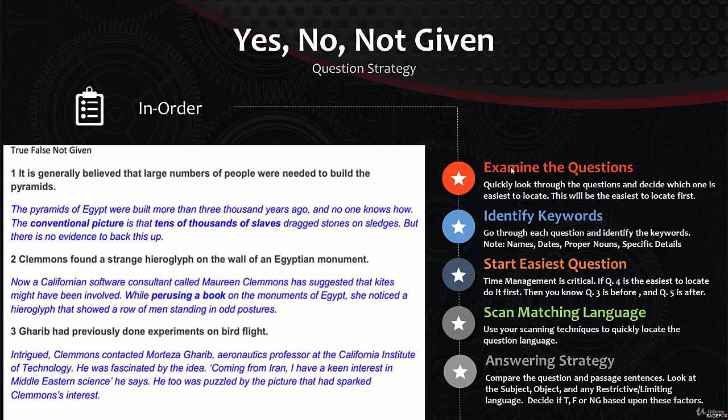There's nothing that says Garib did experiments on bird flight. It's missing. That means you put the answer as not given, because there's language from the question that is not mentioned in the matching passage sentence or sentences. That's how you do true, false, not given, everybody. That's how you do yes, no, not given.